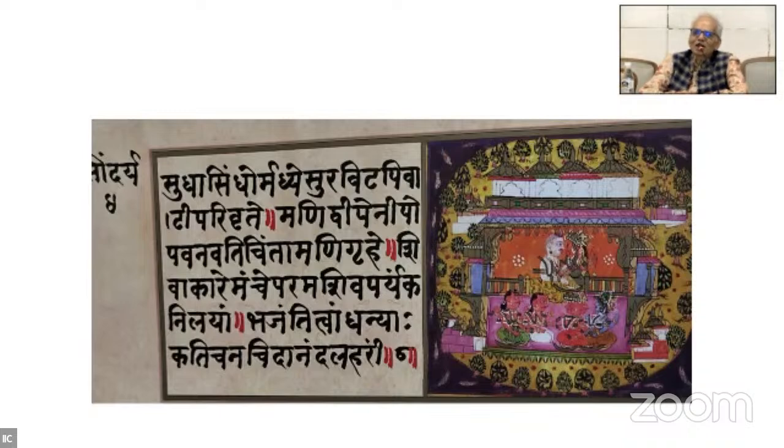Bhajanti tvam dhanya katichana chidananda laharim. So this is a different form of the goddess, and Shiva is shown, and the goddess is sitting there over and above him, something like that. And whatever is suggested in the first quarter, the painter has tried to create below.